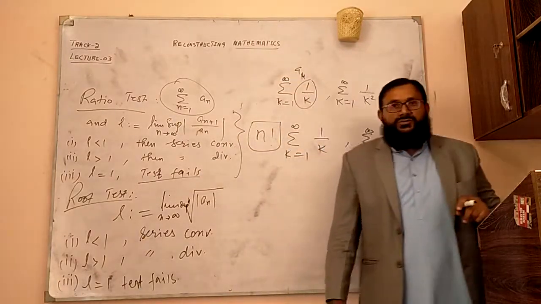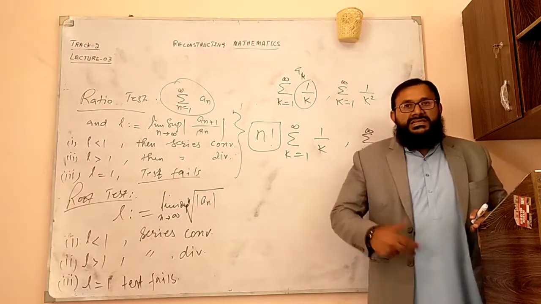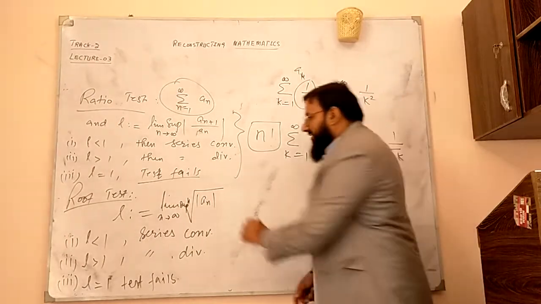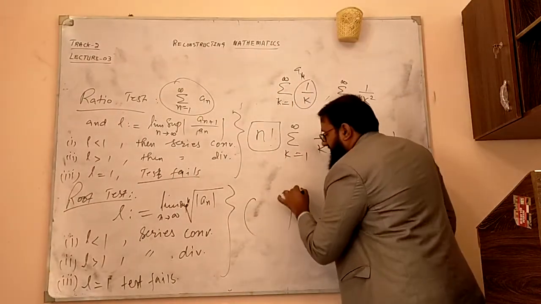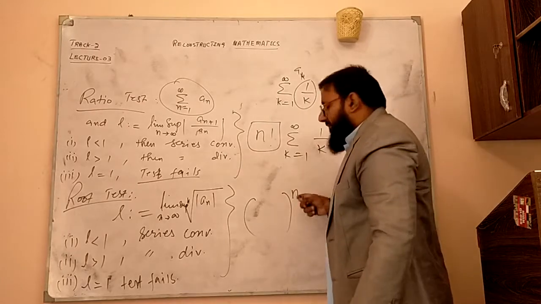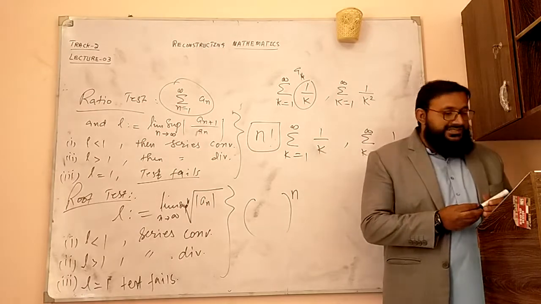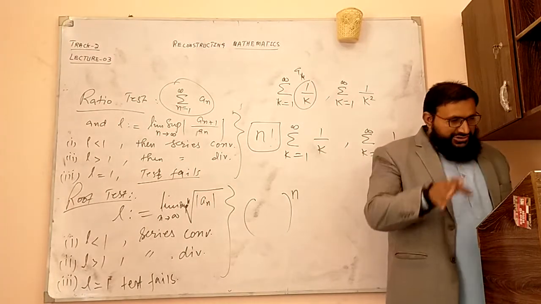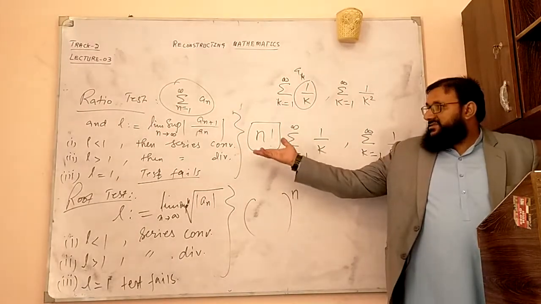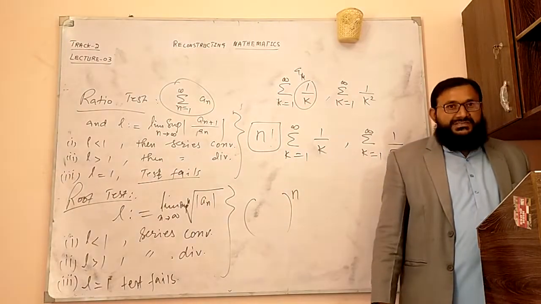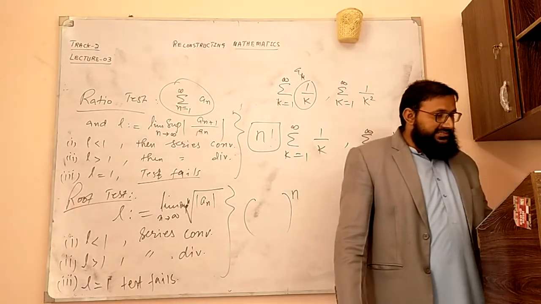It would be very good to deal with those. And when your series contains some sort of power n, then you can apply the root test. It will give you good results. It's very easy, just apply this, find the limit and then check what happens.